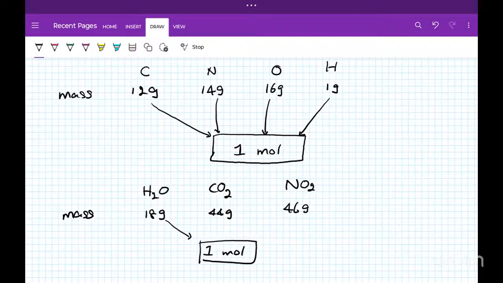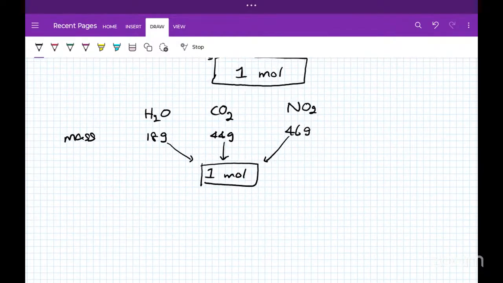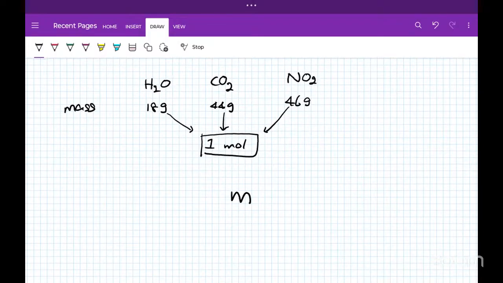So this concept is very powerful and very popular. What is the relationship? You take any mass in terms of grams and divide it by the molecular mass, or the relative atomic mass if it is an atom, and you will get the number of moles.